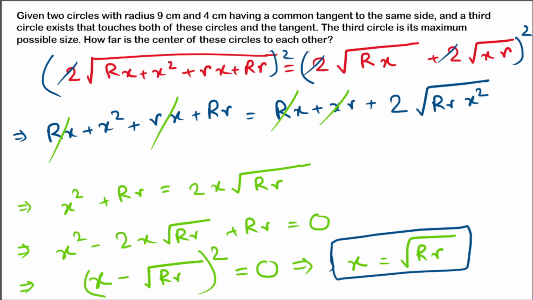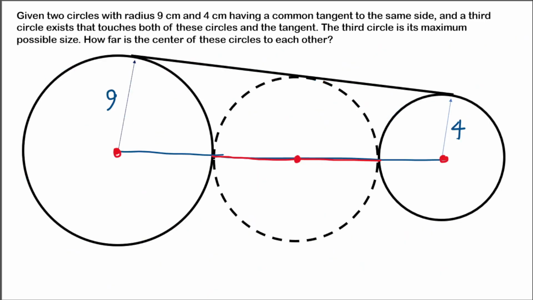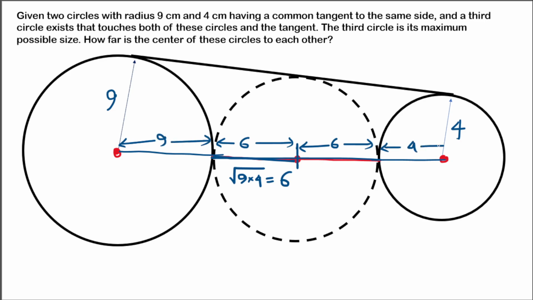So now we'll revisit our problem. Our problem was this, right. So here this radius should be equal to under root 9 into 4. This should be equal to 6, right. So this is 6, this is 6, this is 9, and this is 4, right.